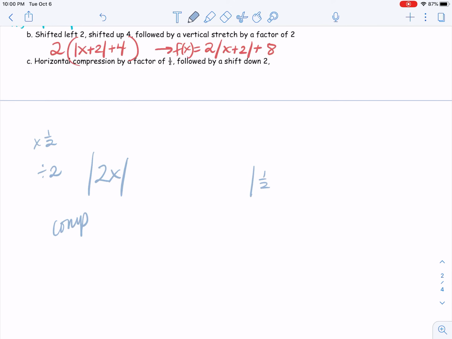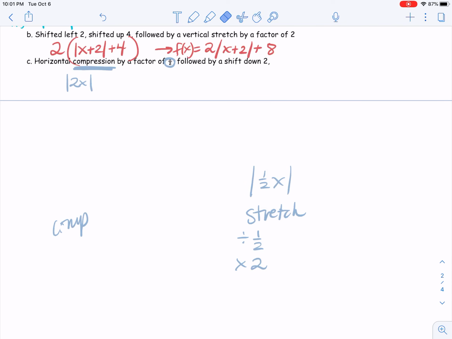If I saw x divided by 1/2, this is actually a compression because dividing by 1/2 is the same thing as multiplying by 2. So because I see compression here, I want to see a number bigger than 1. So because it's 1/2 here, I know that I need to use the reciprocal. And so I do have 2x. If that would have been a 1/3, then it would have been 3x, etc. Use the reciprocal.